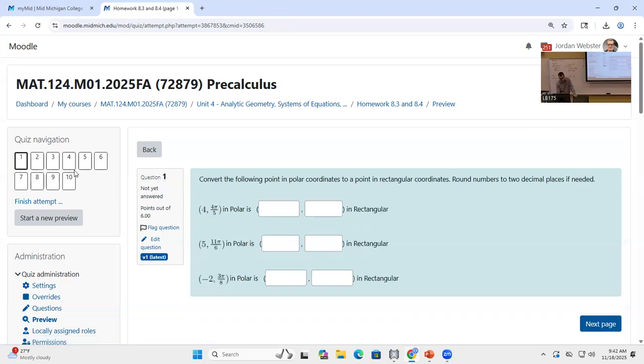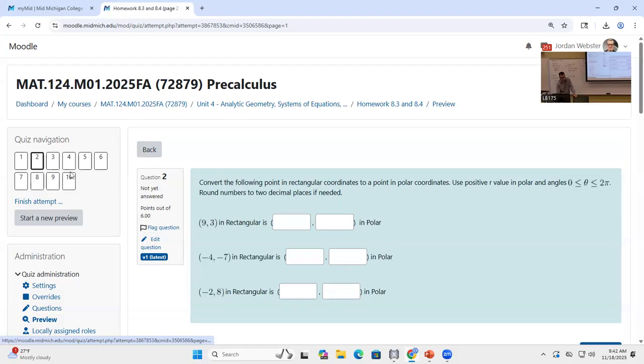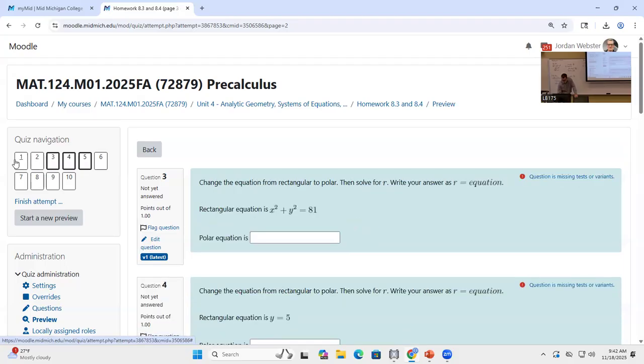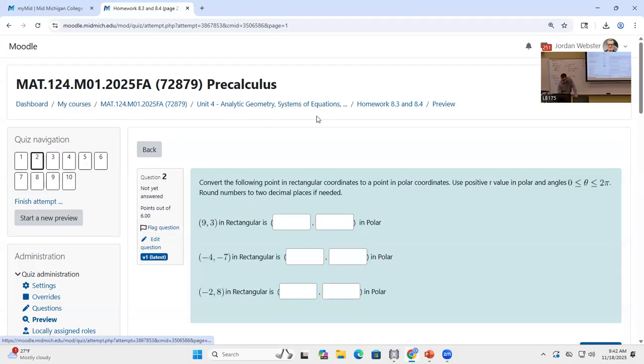I'll talk about that next time if needed. But everybody understand that if you end up at -0.24, just add 2 pi, and then you'll be at an angle between 0 and 2 pi if you want that. Oh, it doesn't talk about it. That's fine. All right.